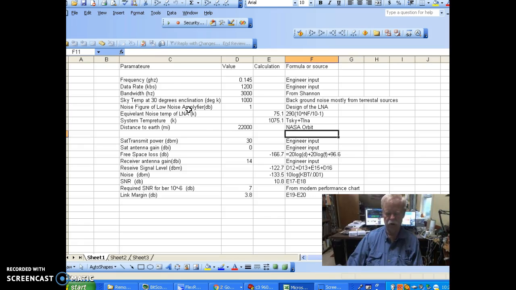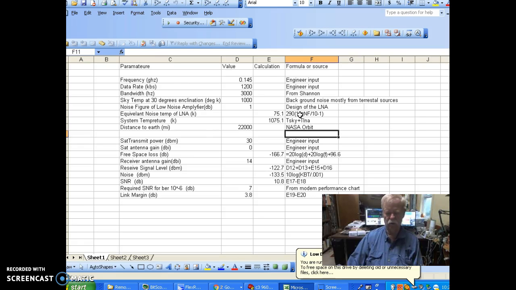Now, once you've decided the noise of the amplifier, we choose to work in equivalent temperatures. Remember that you can represent noise in an amplifier by its equivalent temperature. So here's the formula to convert noise figure into noise temperature.